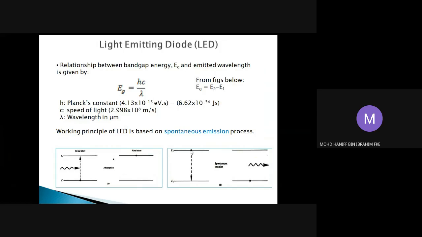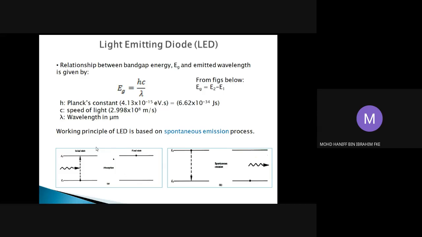Due to this instability, the electrons move down, and this emission of light is spontaneous emission. So in LED, the light is produced based on spontaneous emission. That is why the light produced in LED is incoherent, because of this instability of the electron position at the conduction band.